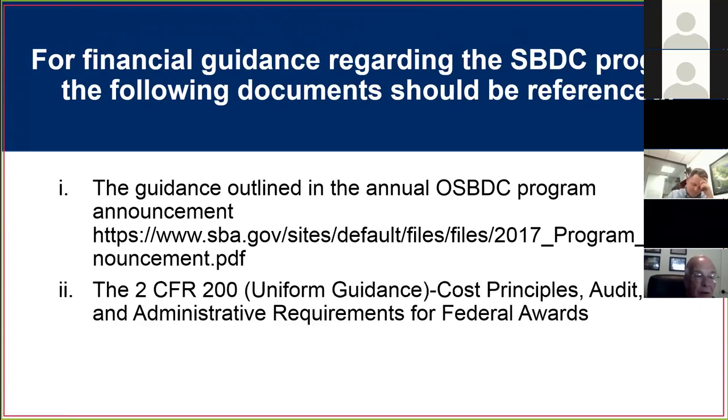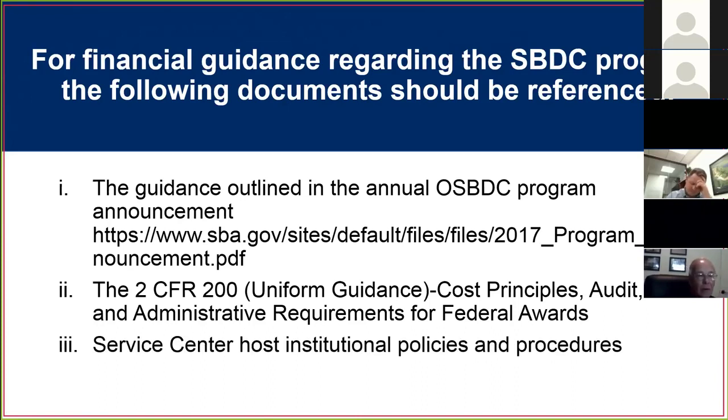Uniform guidance is also another place that you should be looking if you need to find information about the SBDC program and the segregation of federal funds, program income, cash match. You can get guidance about federal funds and cost match and program income as well.